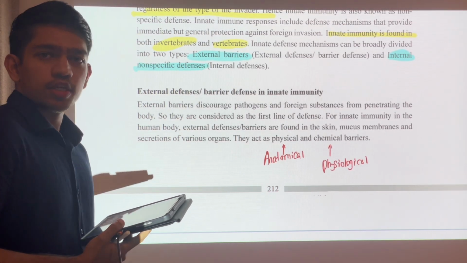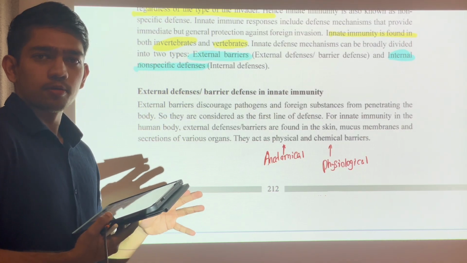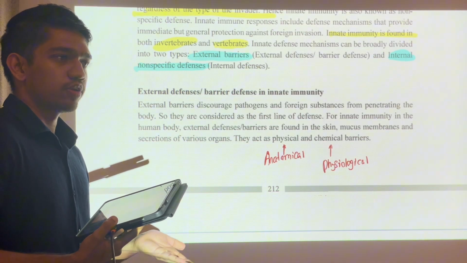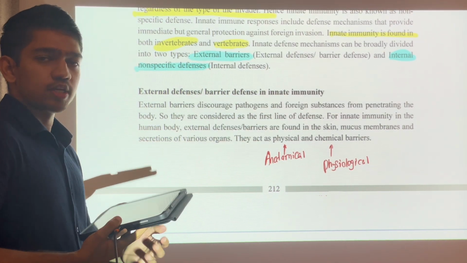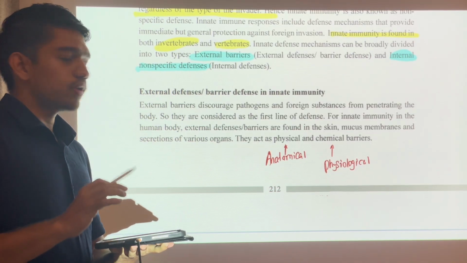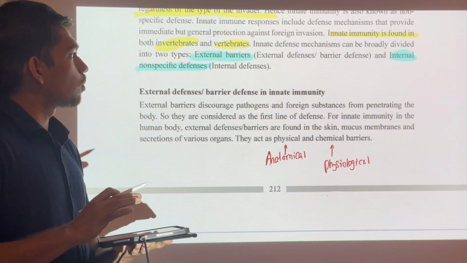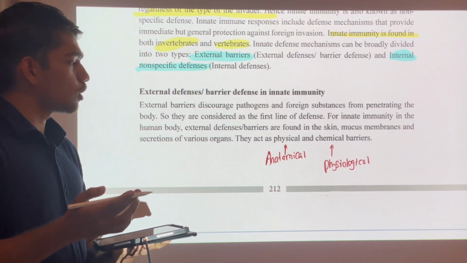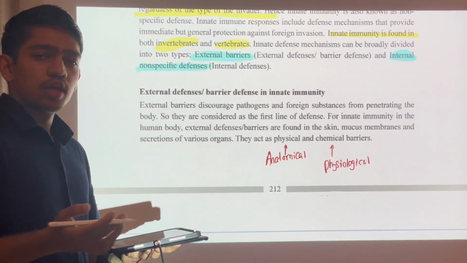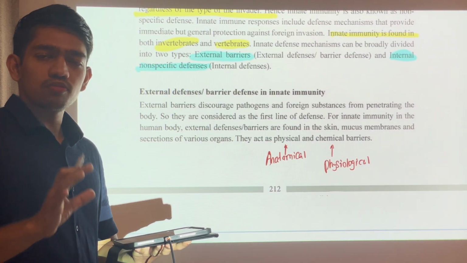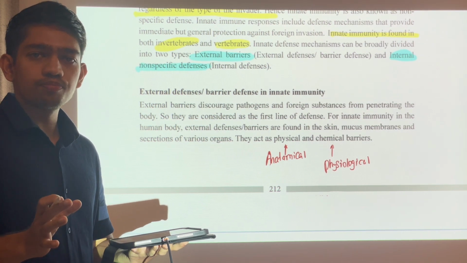So your innate immunity is sort of a primitive or primary source of defense that both invertebrates and vertebrates have, right? If we can imagine this external component that we call the first line of defense, or external defense, imagine our body as a city that is protected by a wall, right?